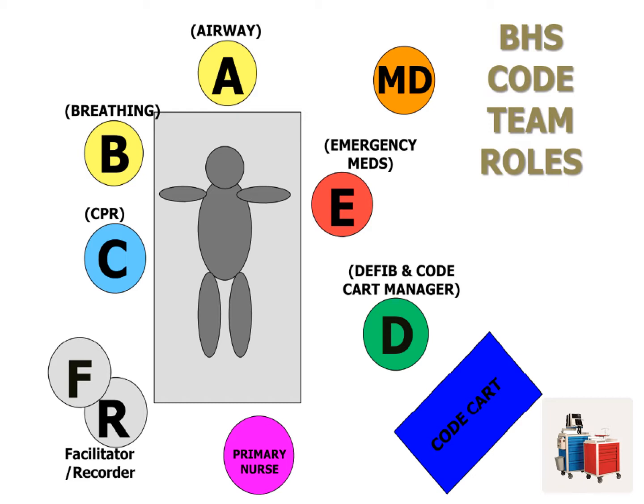The facilitator completes all necessary paperwork, ensuring EKG strips are obtained and copies of the code record are sent to the appropriate destinations. The facilitator facilitates a debriefing at the completion of the code.